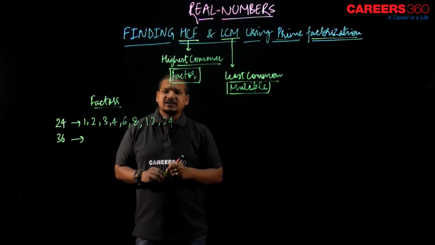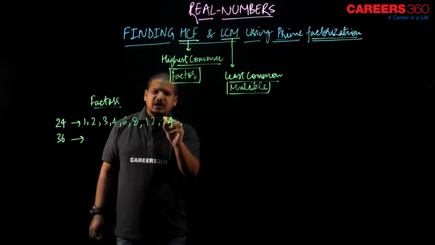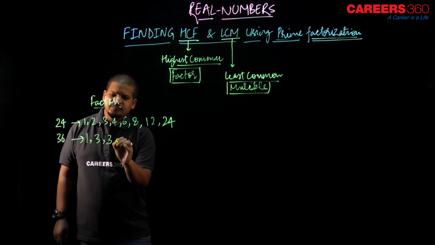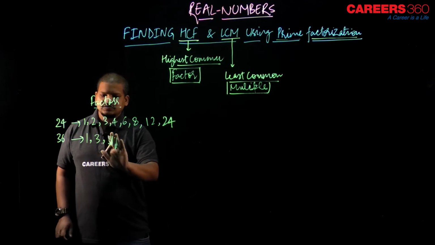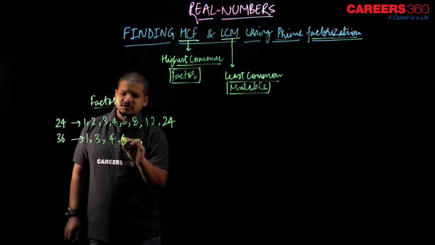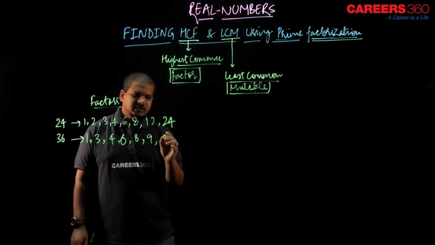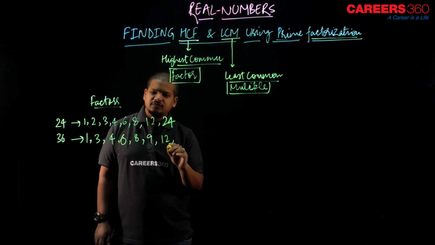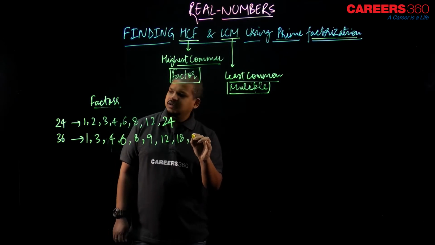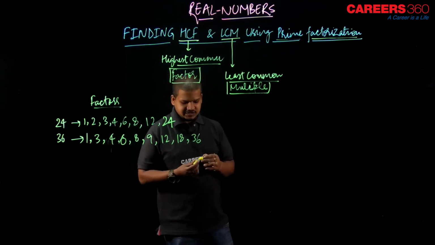These are the factors of 24. I hope it is making sense to you. What about 36? The factors of 36 are 1, 2, 3, 4, 6, 9, 12, 18 and then 36.